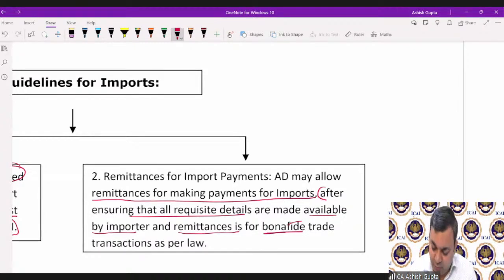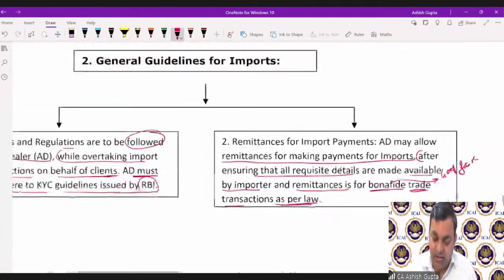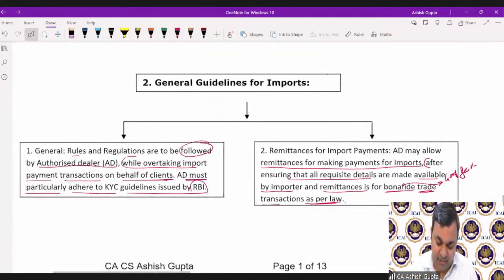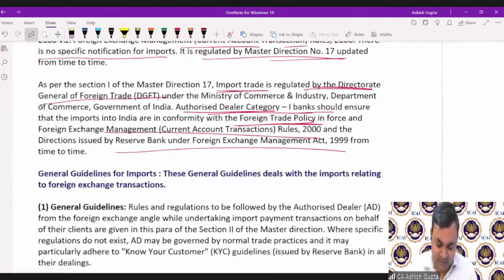Bona fide means good faith. Bona fide trade transaction as per the law. Whatever remittance you are doing for import payment should be bona fide. The importer has provided all the details. Then only the authorized dealer will release the payment. So the second point is this.